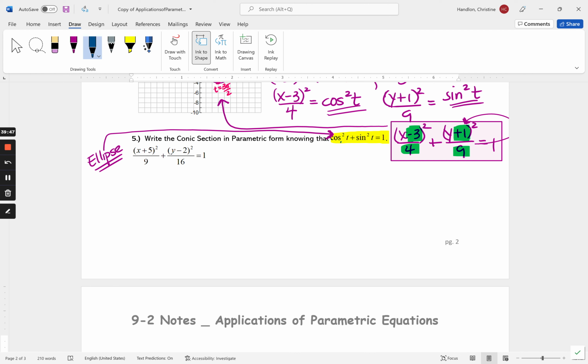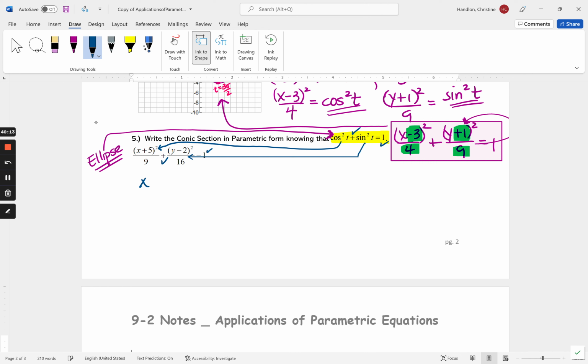Now, what you're going to notice is that I'm going to have you pair up your Pythagorean identity equation with your rectangular equation. So, cosine squared is going to pair up here with this first term. We've got the plus here, just like we have the plus here. And this sine squared is going to pair up with this second term. And this one here is pairing up with this one here. So we're good. So let's match up our terms.